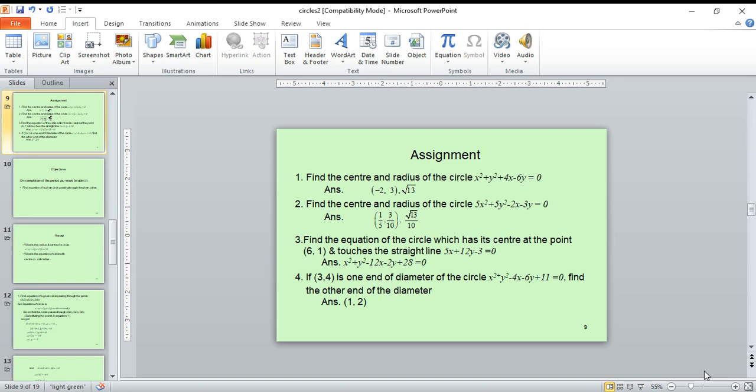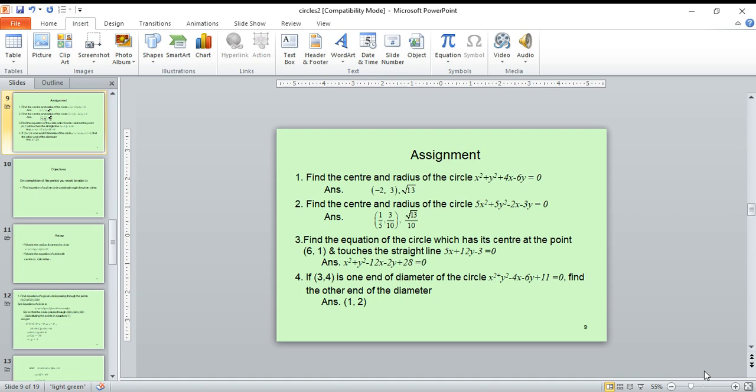The radius is the perpendicular distance from the point to the line.